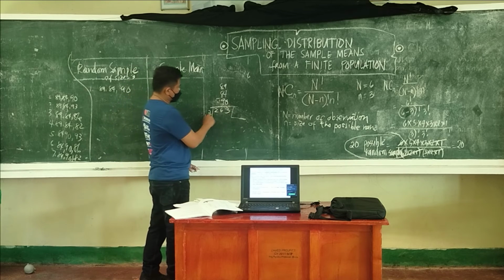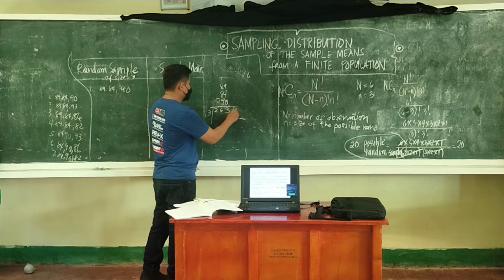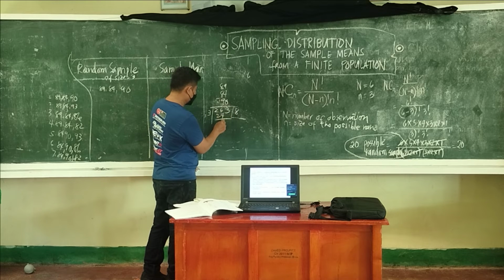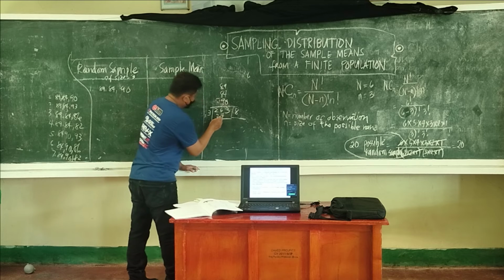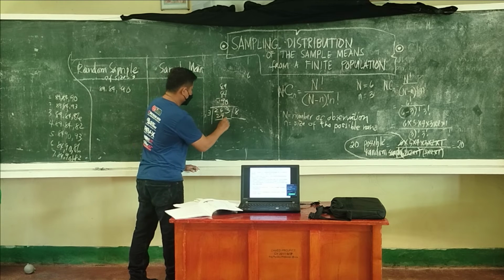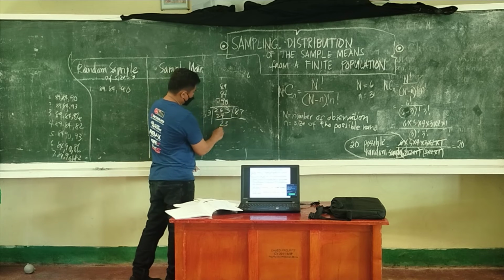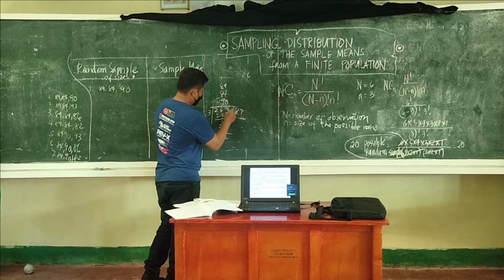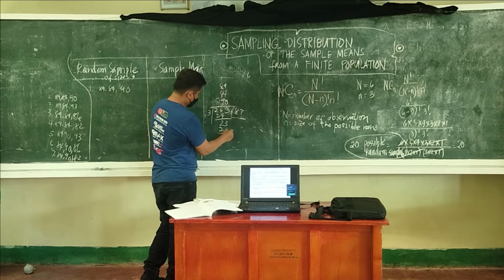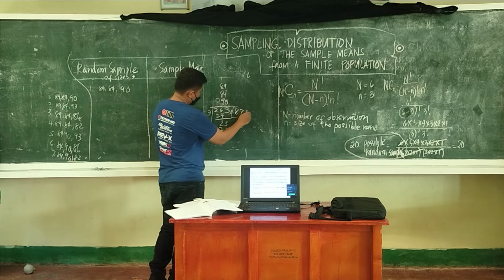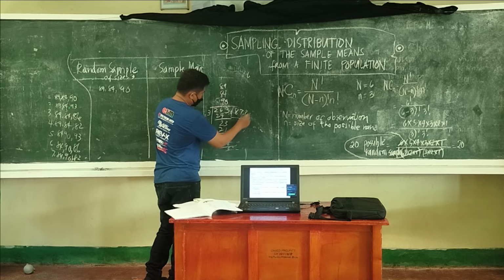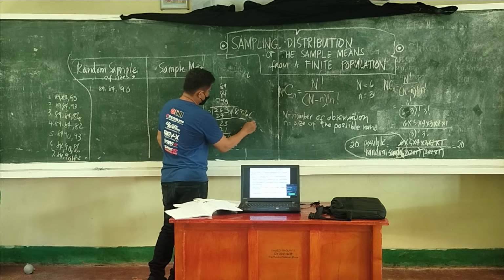So we have 263 divided by 3. That is 87.67.